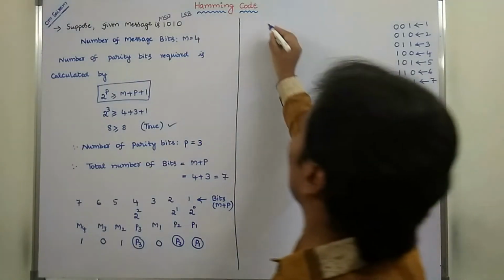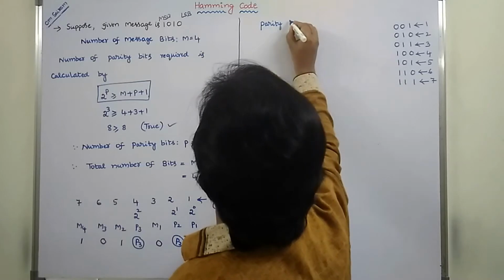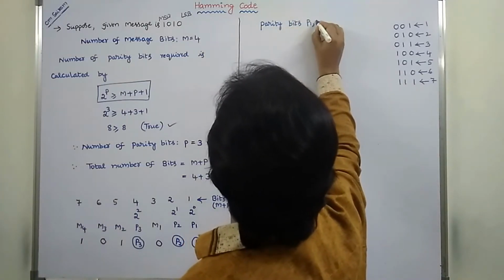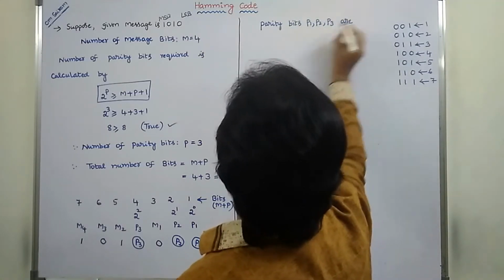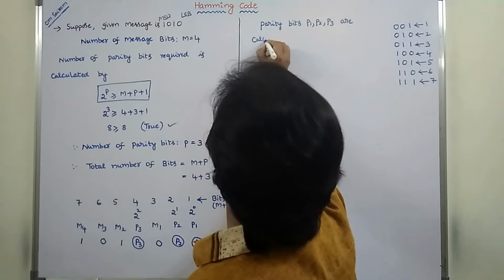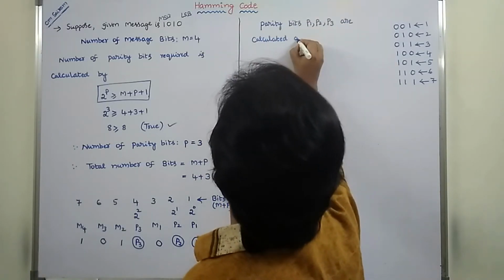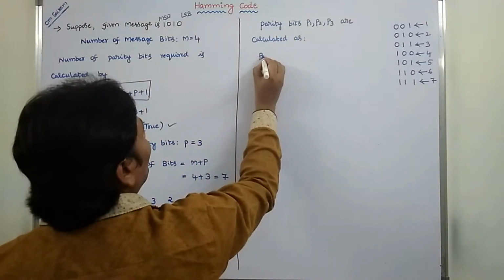Now the parity bits P1, P2, P3 are calculated as follows. Okay, first we have to take P1.